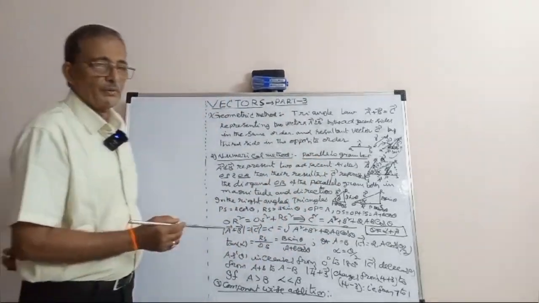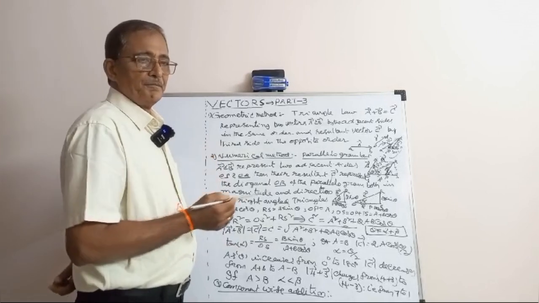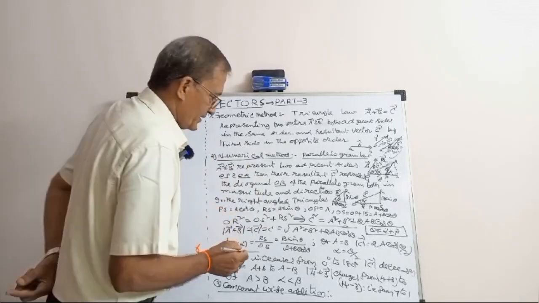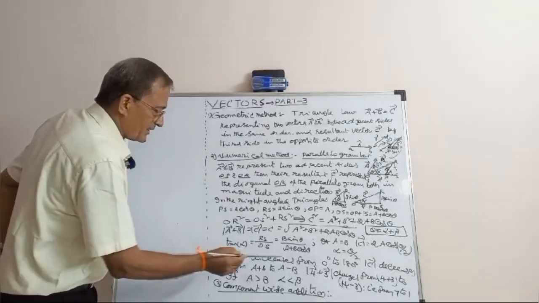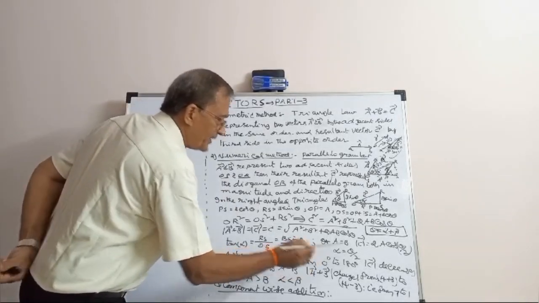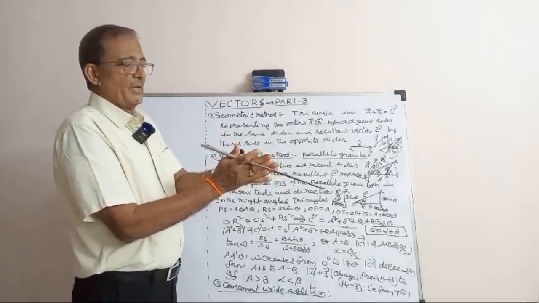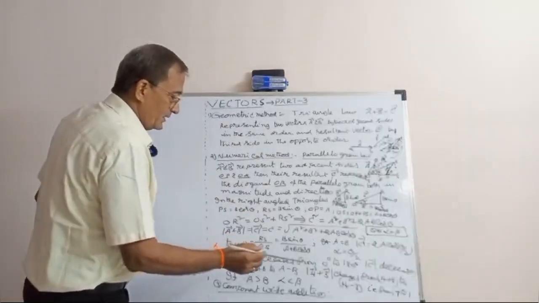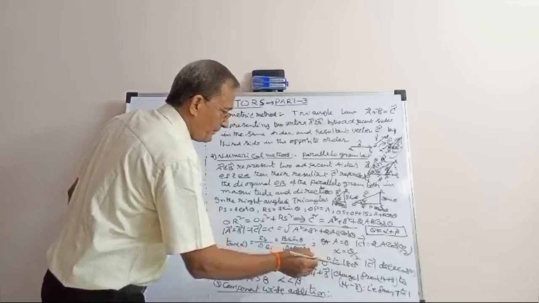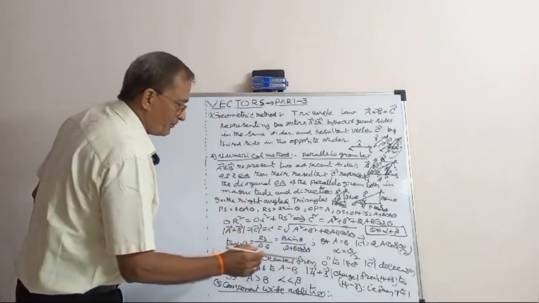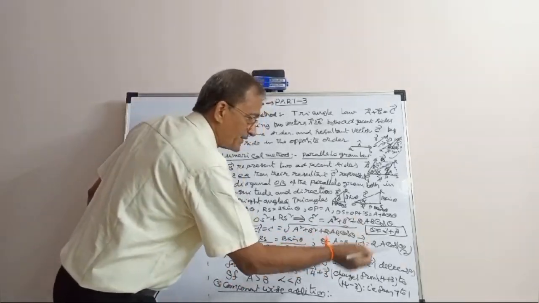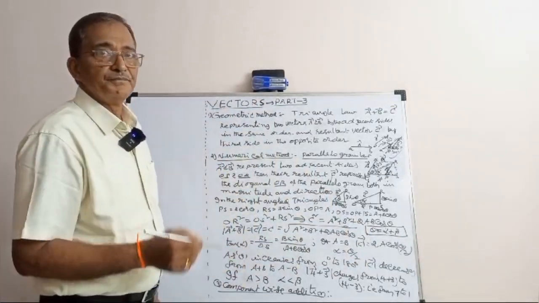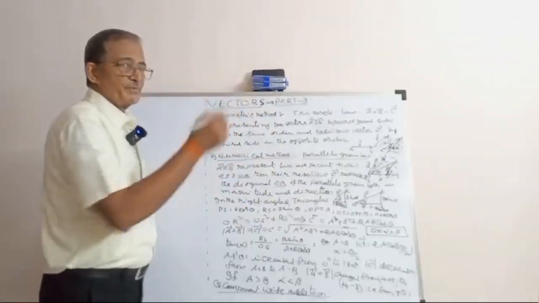So, as you know, with the increase of theta, the value of cos theta decreases. That means, as theta increases from 0 to 180 degrees, from parallel to anti-parallel, the magnitude of the resultant, that is the modulus of A bar plus B bar, decreases from A plus B, the maximum, to A minus B, which is the minimum.